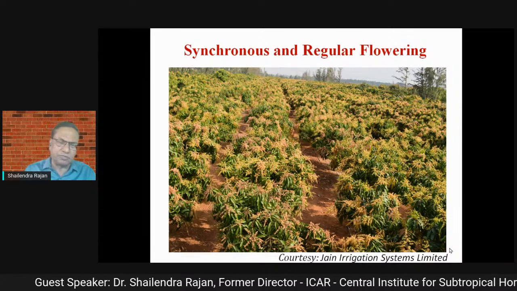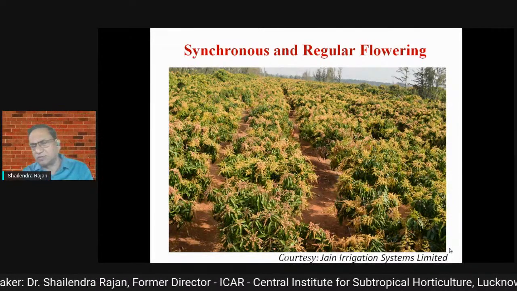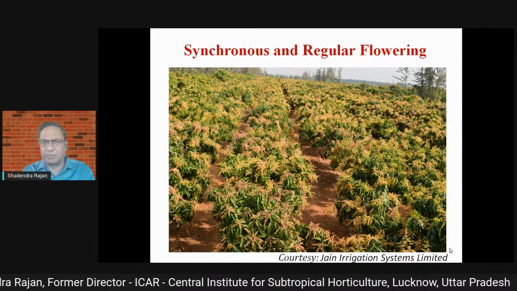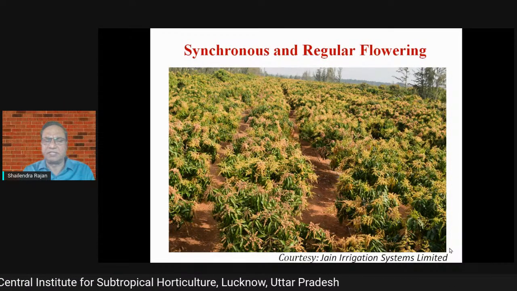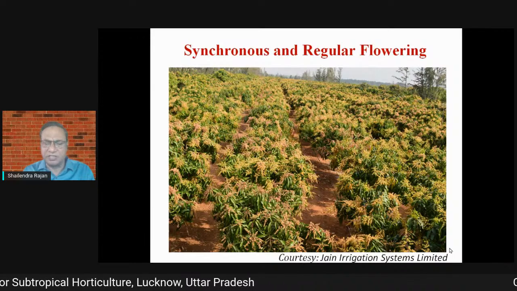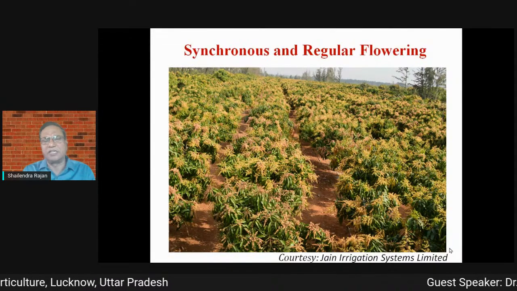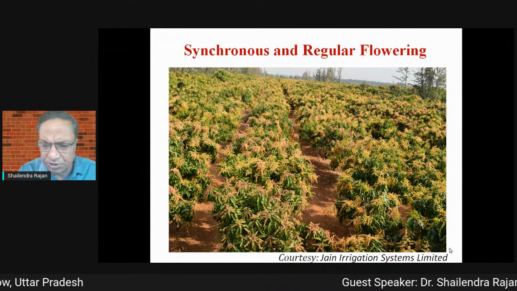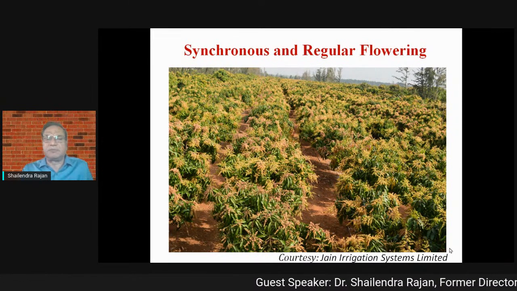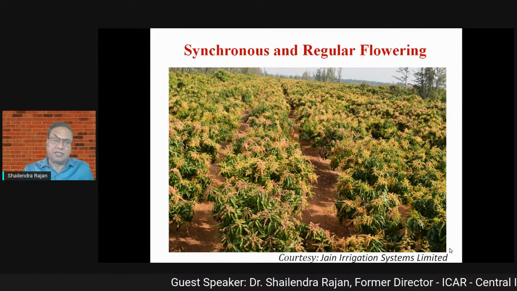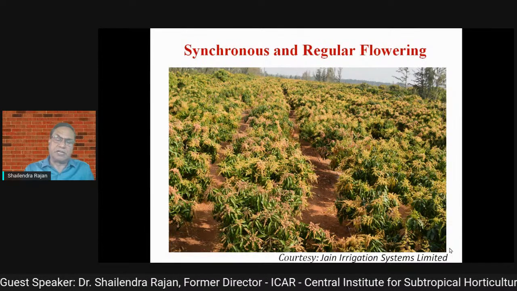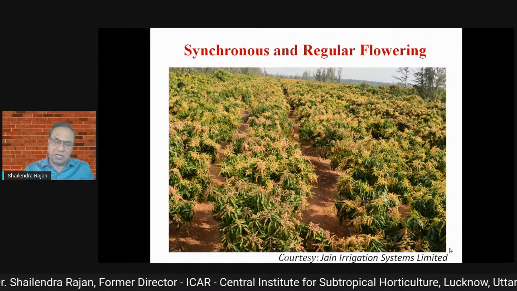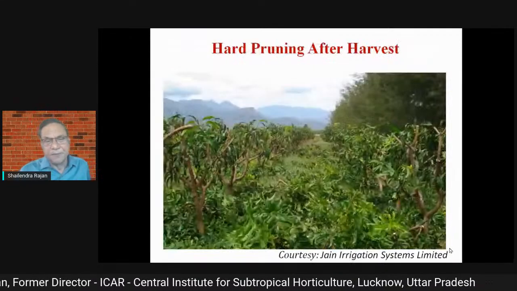When the low temperature effect releases, synchronous flowering comes up. But in other parts of the country, where the difference between day and night temperature is not much, synchronous flowering can be produced using technologies like pruning, and the role of growth regulators like paclobutrazol can't be underestimated.